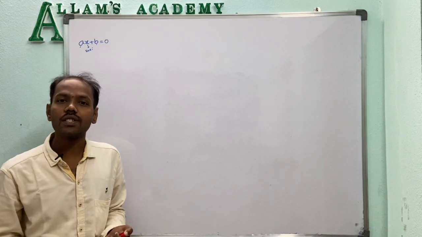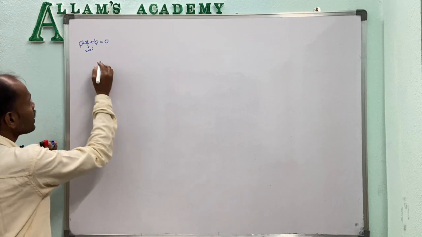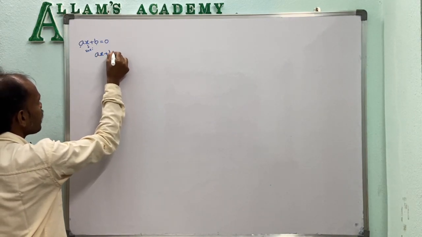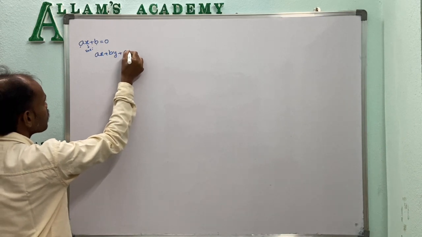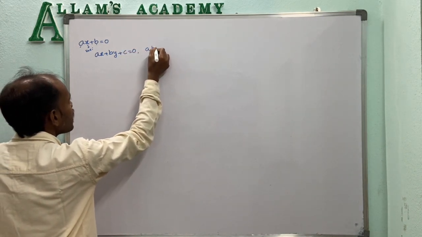If we want to say a linear equation in two variables, then the general form is ax plus by plus c equal to 0, where a, b, c are real numbers.